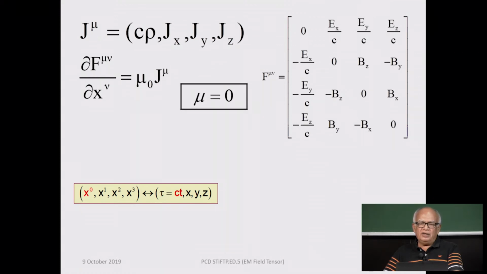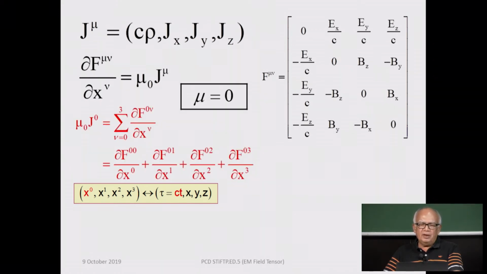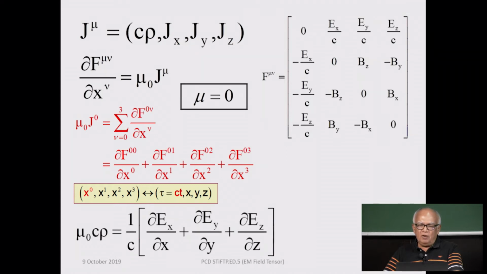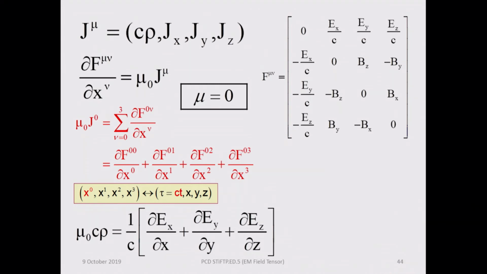Let us look at it a little more carefully. Let us get all the components, and you can see that the 0 0 component is anyway 0, so it does not give you anything, and the remaining 3 components will give you the derivative of Ex over c with respect to x, Ey over c with respect to y, and Ez over c with respect to z.